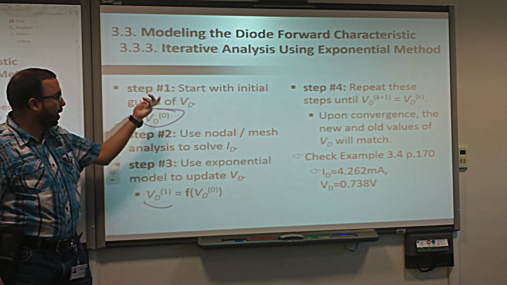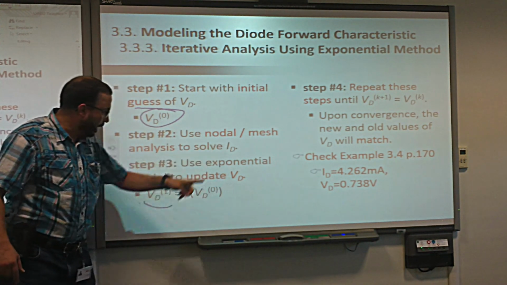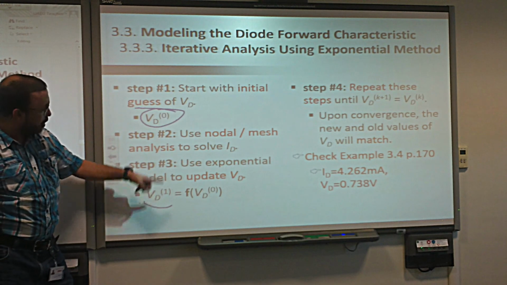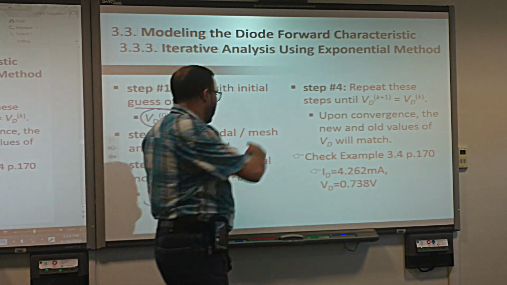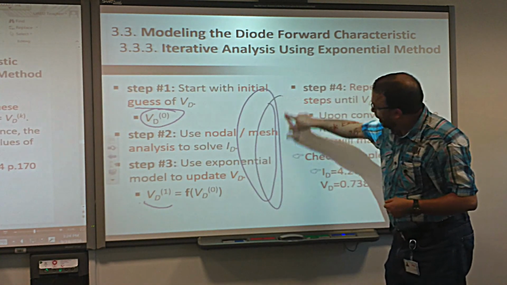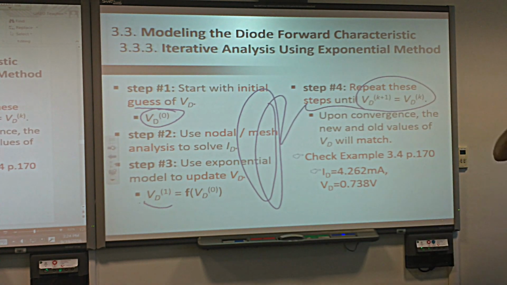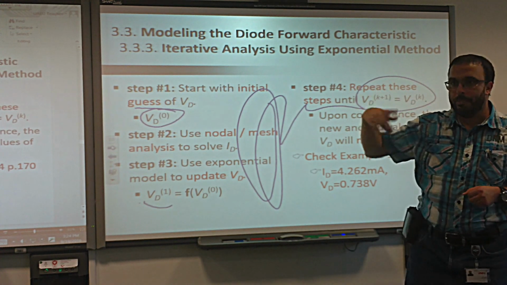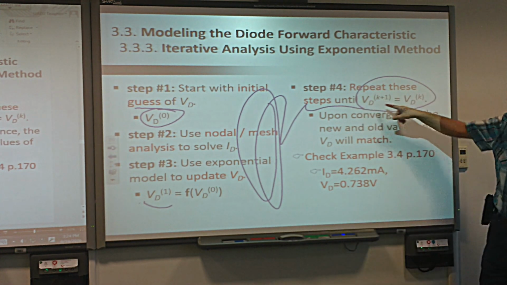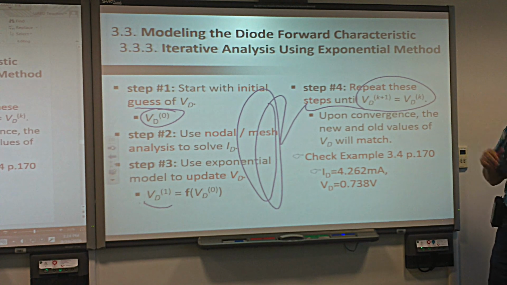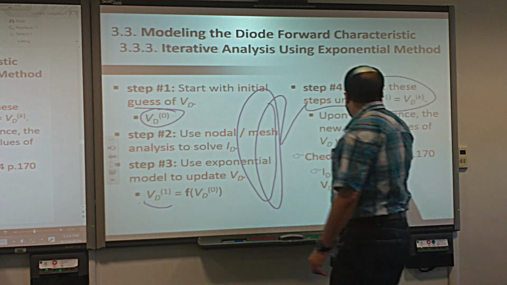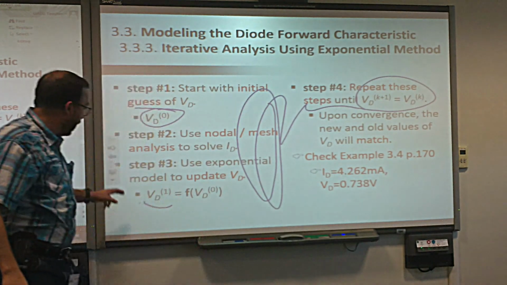I use this one, calculate the current, get a new voltage, and compare. I repeat until when? Until the voltage of the diode does not change. That's why we call it iterative. Repeat until the voltage of the diode is constant. At that time I stop and I have the exact value.